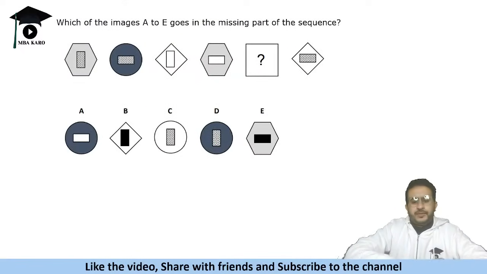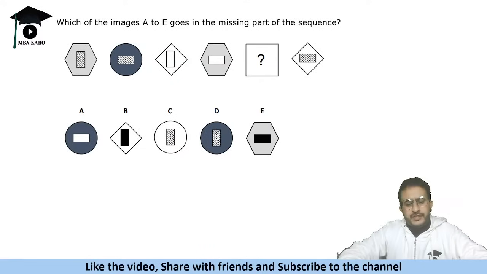Okay, so you do get some questions on visual reasoning as well. So it says which of the images A to E belongs to the missing part of the sequence.